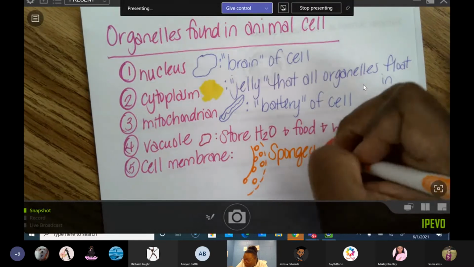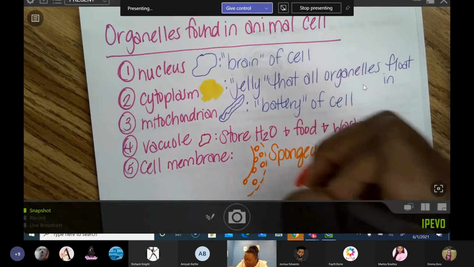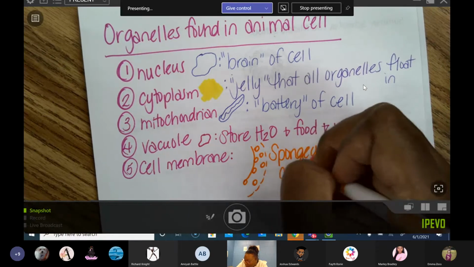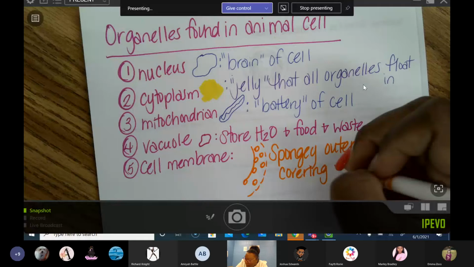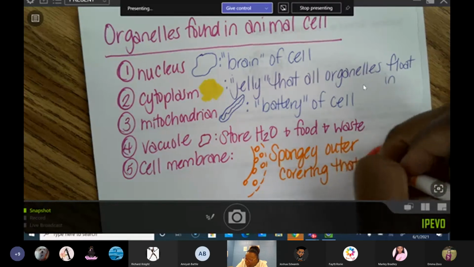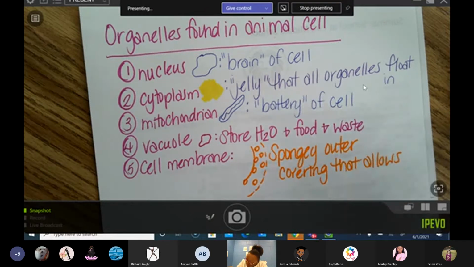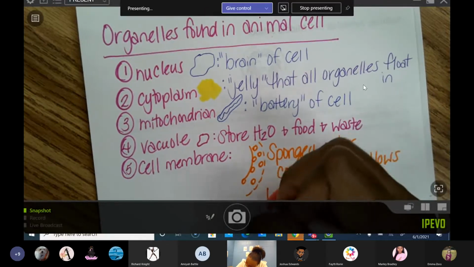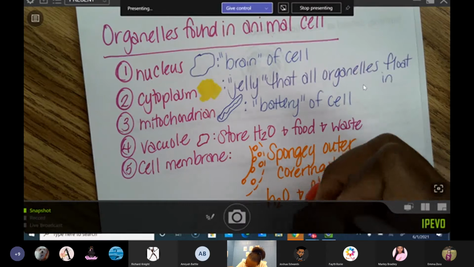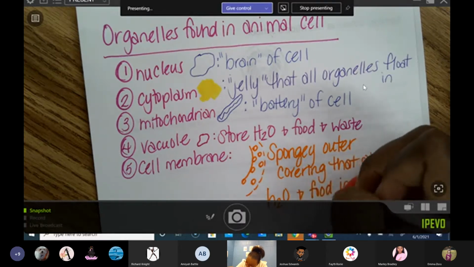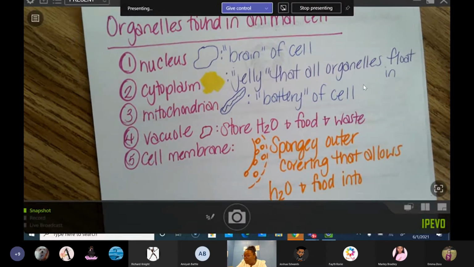It's the spongy outer covering that allows good stuff like food and water to come into the cell.